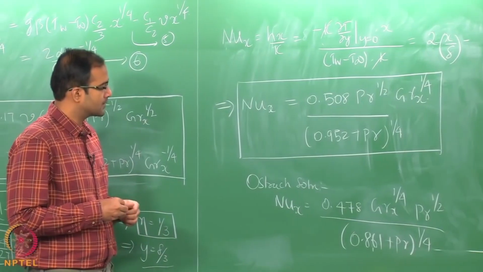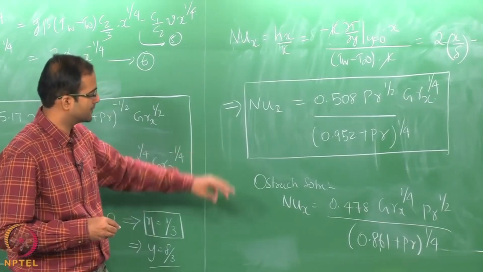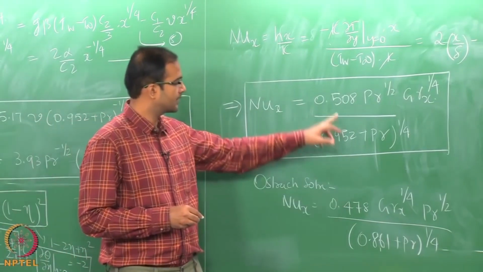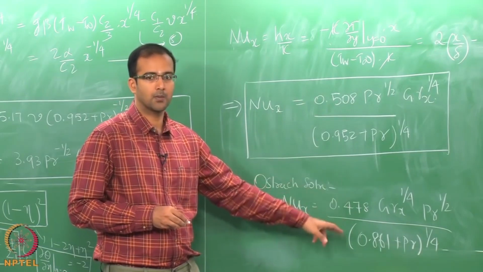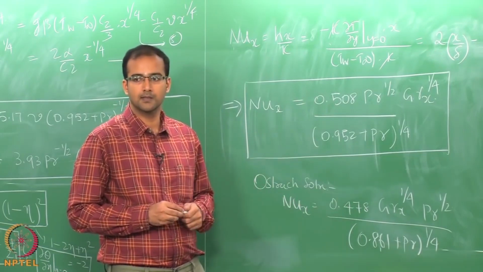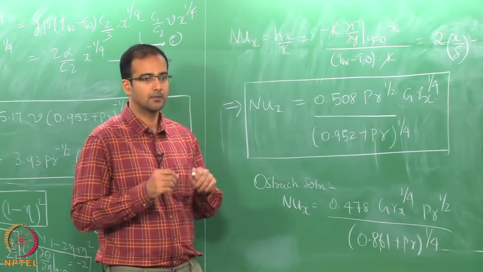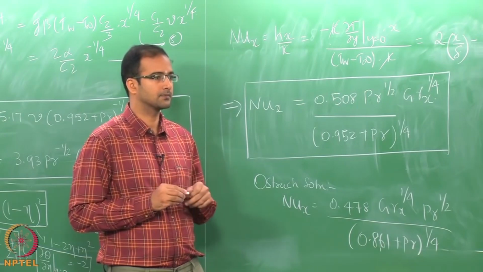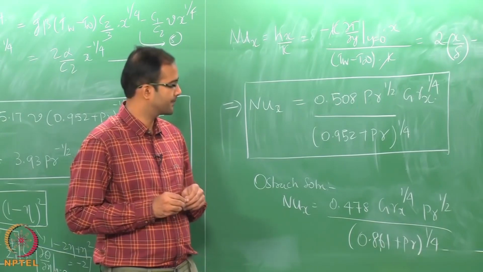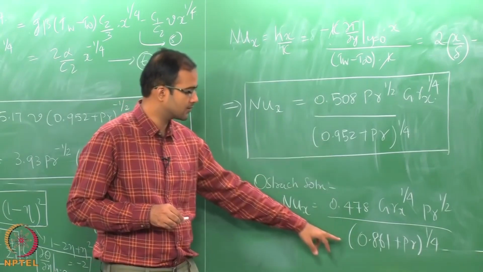So if you compare these two, of course there are some variations in the constant coefficients both in the numerator and denominator, but if you calculate the absolute value for a fixed value of Prandtl number, then this comes out to be very close. Okay. So this value is also slightly smaller, this value is also smaller.